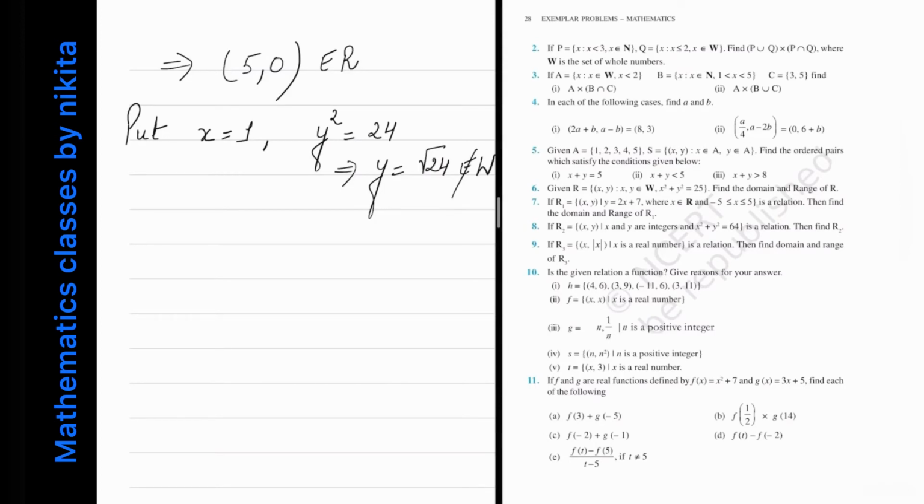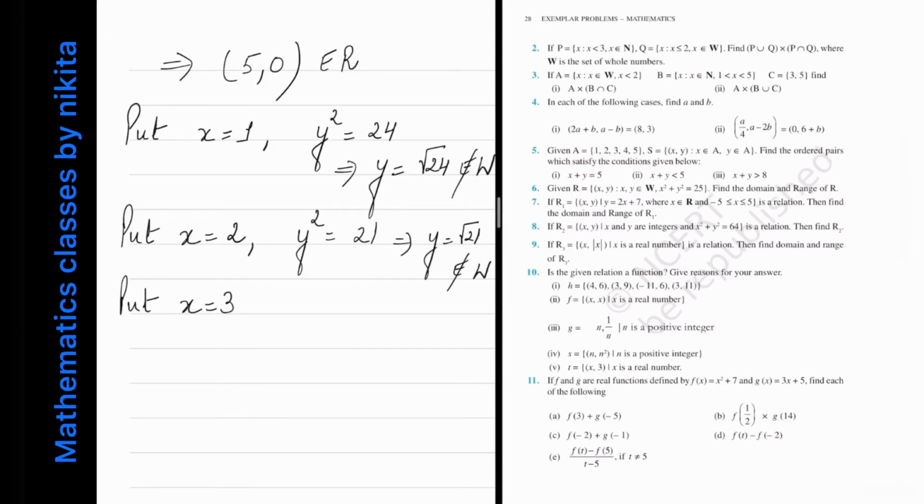Now put x equal to 2, then you will get y square equal to 25 minus 4, which is 21, and this implies that y is equal to root of 21, which again does not belong to the set of whole numbers. Now next you put x equal to 3.